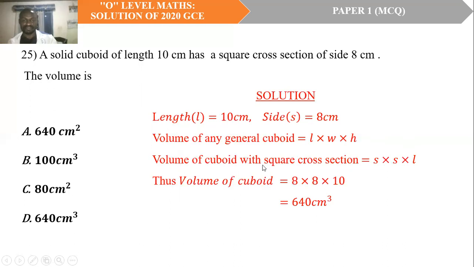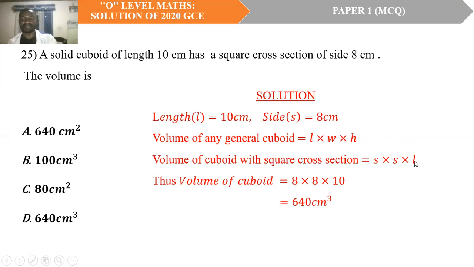This is a rectangular cuboid. But in a square cuboid, the length and the width are the same, meaning that the volume of such a cuboid will be side times side times the height.